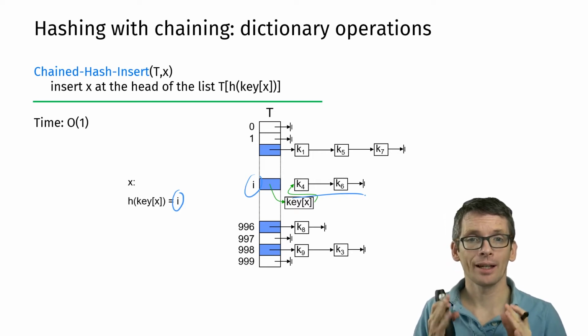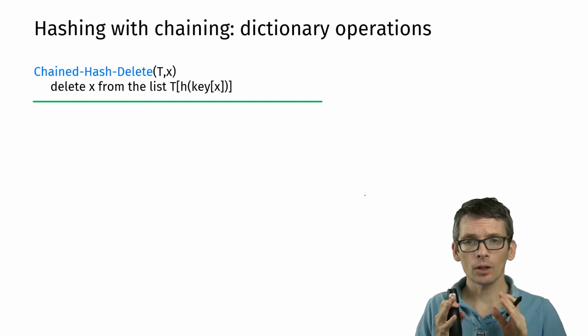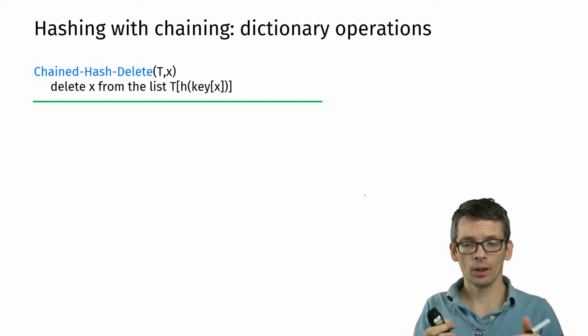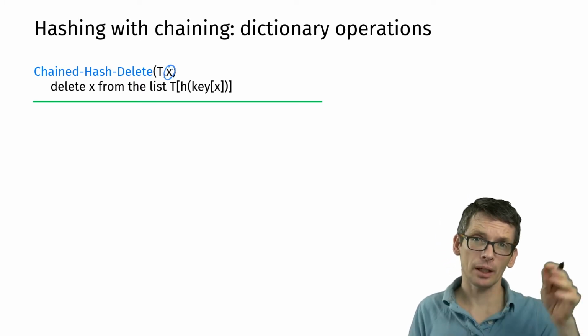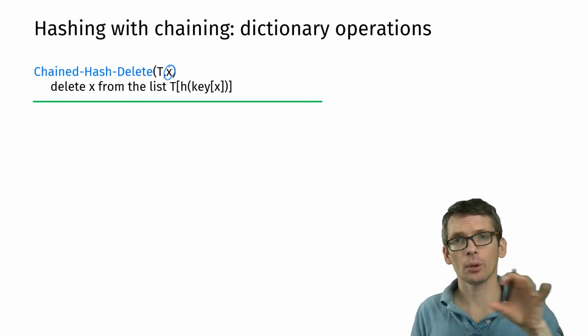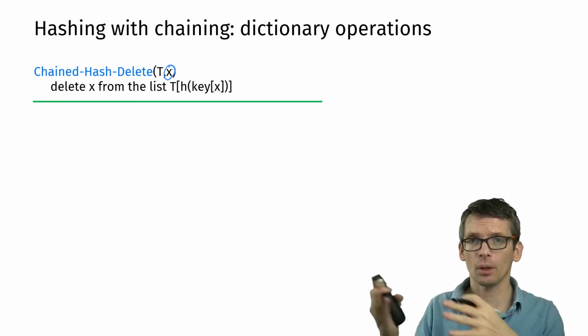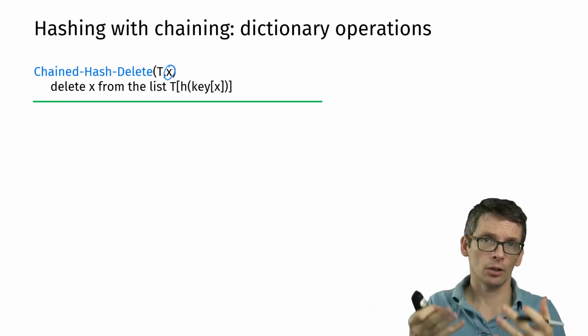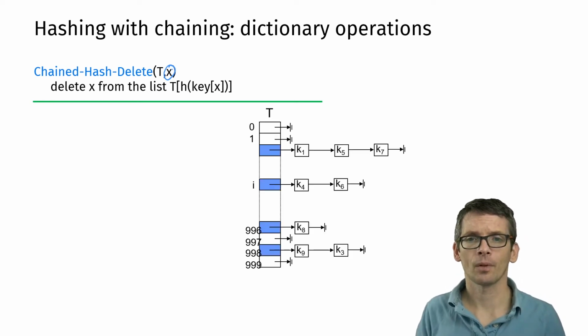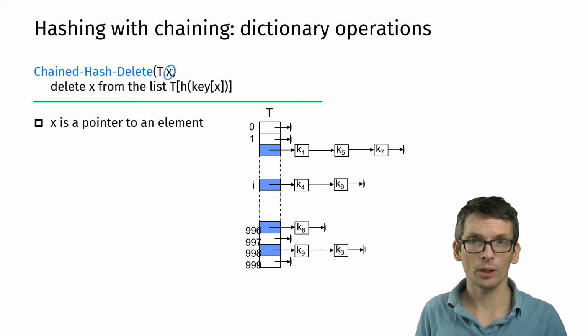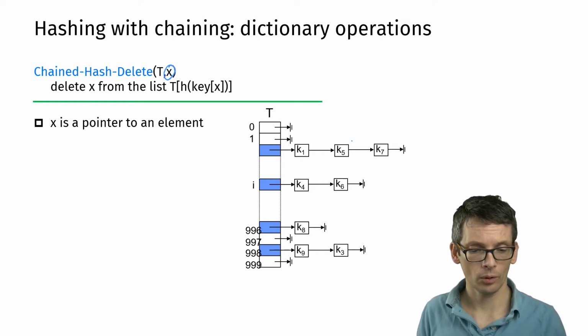How about delete? For delete, we're going to assume that we get X, which in particular means that we can access X in the linked list, so we don't need to search it. Otherwise, we have to first do a search and then delete, so then we additionally get the running time for searching. So here we have a linked list. We assume we have a pointer to that element that we want to delete.